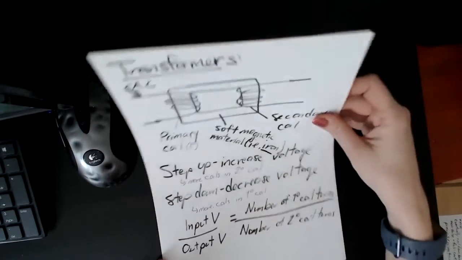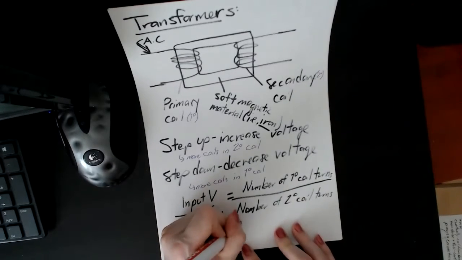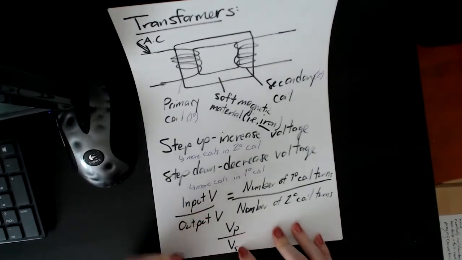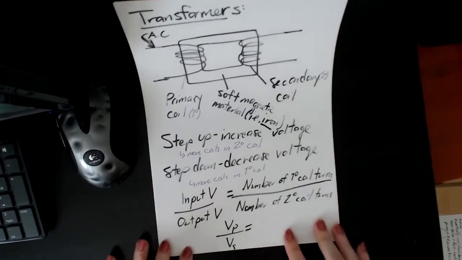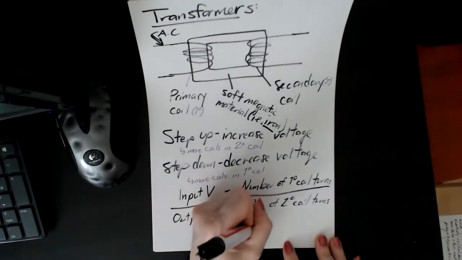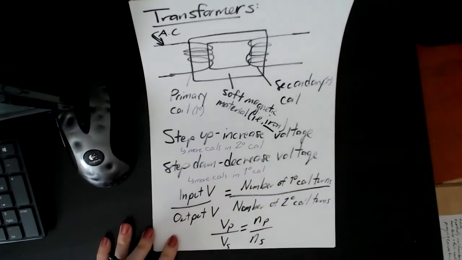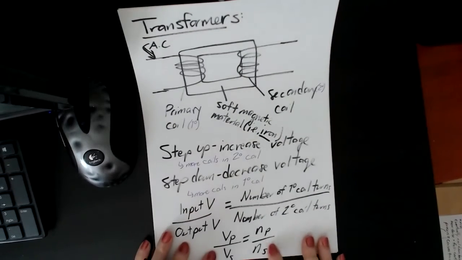A shorter way to write that is simply VP, primary voltage, divided by VS, secondary voltage, equals NP divided by NS. That's the abbreviation. You do need to have this memorized.